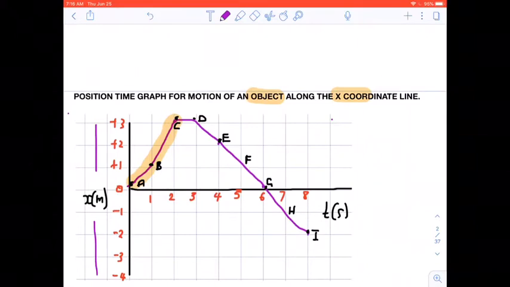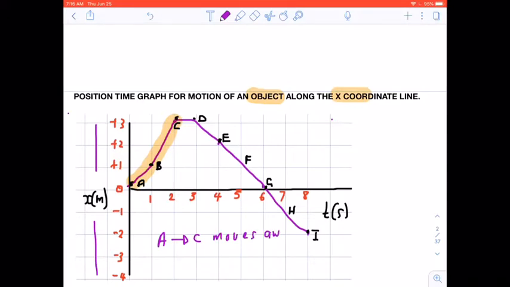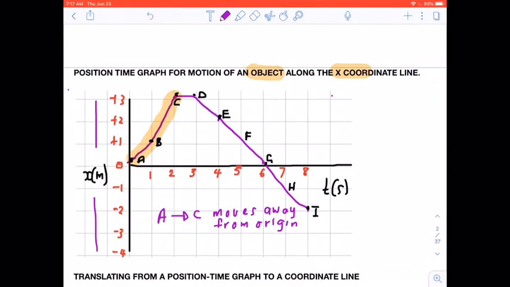So A to C moves away from the origin, right? And it's on the positive side.